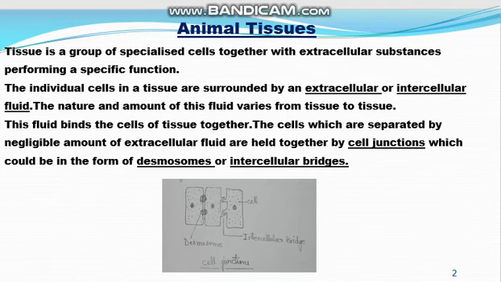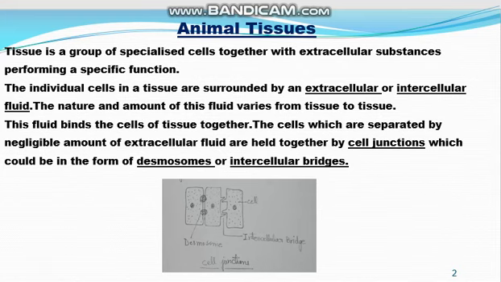So the individual cells in the tissue are surrounded by certain intercellular or extracellular fluid, and the amount and the nature of this fluid varies from tissue to tissue, and this fluid binds the cells of the tissue together. And in the tissues where the cells are separated by a very small amount of this intercellular fluid, they are held together by cell junctions.